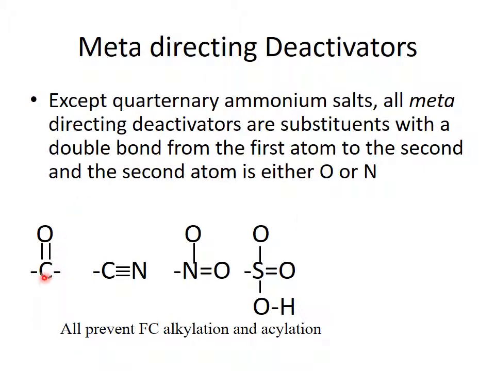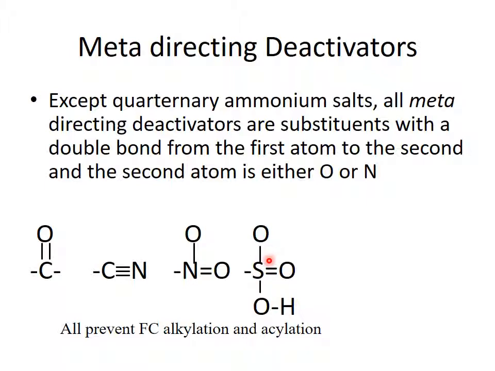Notice you have a carbon that has a double bond to an oxygen, a carbon with a triple bond to a nitrogen, a sulfur with a double bond to an oxygen, which is actually sometimes drawn with two double bonds.